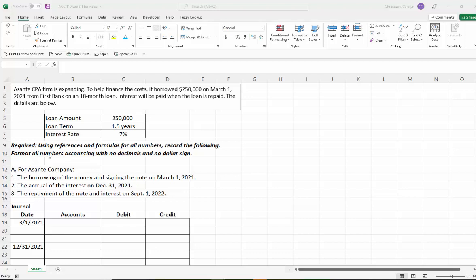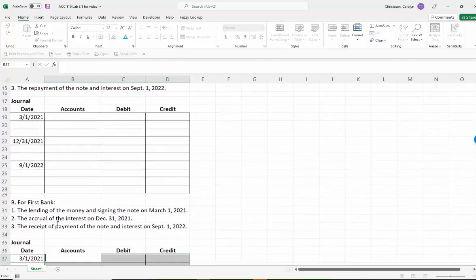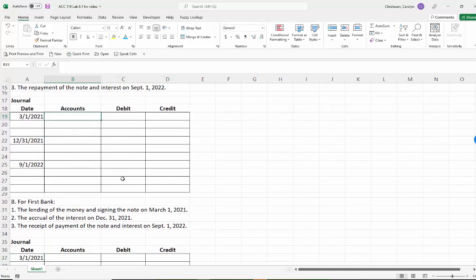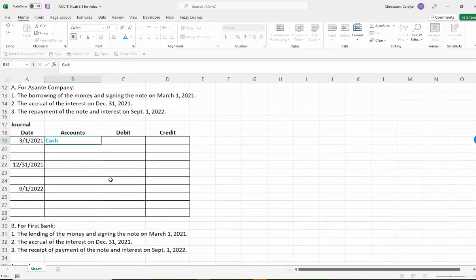All right, so our requirement is using references and formulas for all of the numbers, record the following transactions. We want to make sure our numbers are all formatted accounting with no decimals and no dollar signs because we're making journal entries. Okay, so let's take a look at what we're doing. The first thing that's happening is Asante, so this is the CPA firm, is borrowing the money on March 1st. So they're borrowing the money. That means that they're getting cash, right? And cash is an asset, so we're debiting cash.